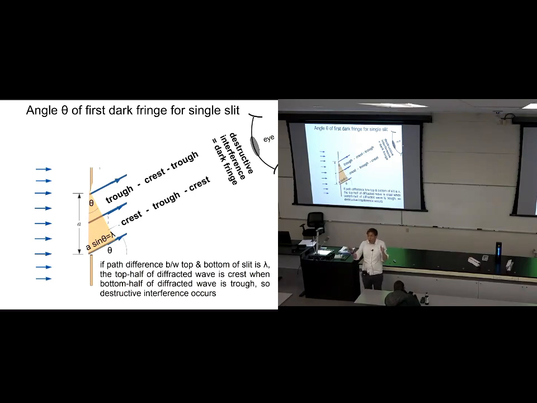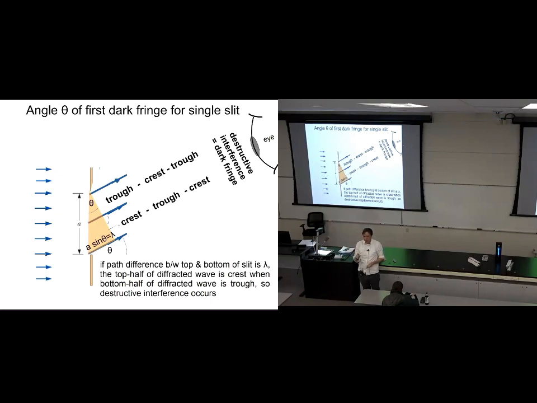As you walk away from the center, say to the left or right, you'll walk into a region where it's dark. You know, this is light going through a hole, but you're getting a region of darkness. That's kind of weird, but it's not weird because it's destructive interference of all these little wavelets occurring at that place. So you get a region of dark to the left and right of the bright fringe.